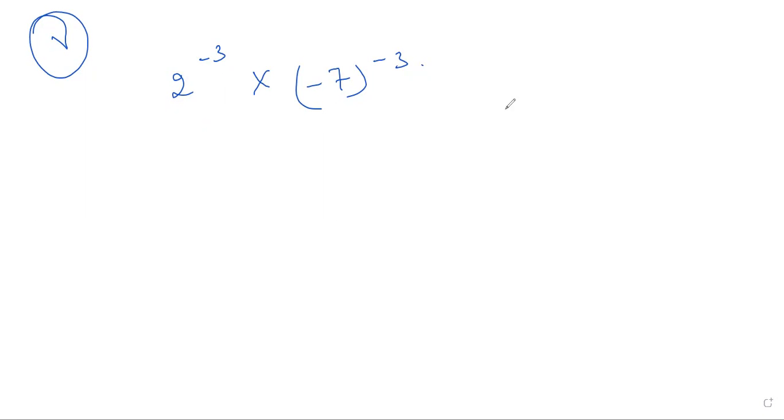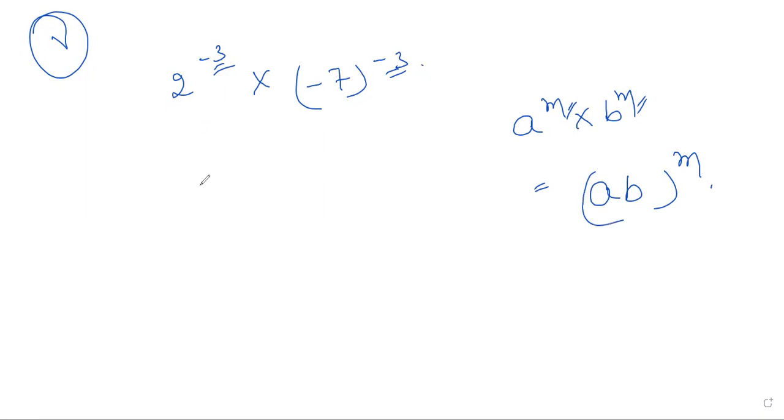See children, here the powers, the exponents, are same. a to the power of m into b to the power of m. See how you can write: when the exponent is same, we can write it as (ab) whole to the power of m. So write (2 into minus 7) whole to the power of minus 3. The exponent is same, so we have put a whole bracket.